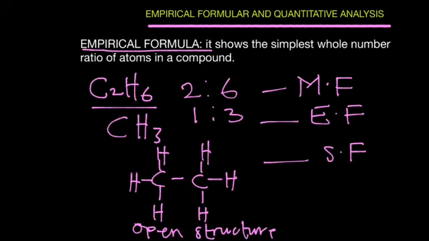What if we decide to write it in the condensed form as CH3CH3? We still have our 2 carbons there and our 6 hydrogens. When we do this, it's simply called the condensed structure.